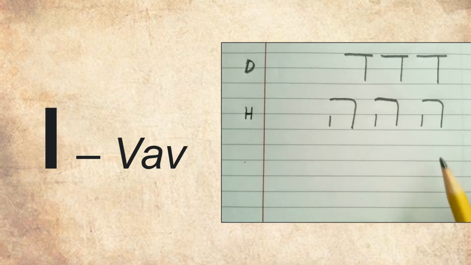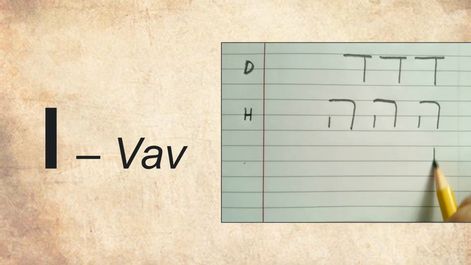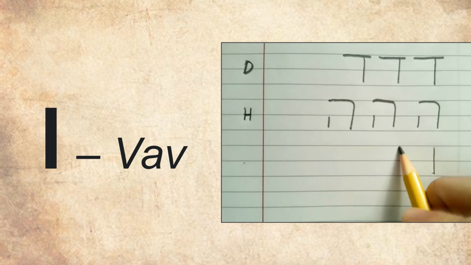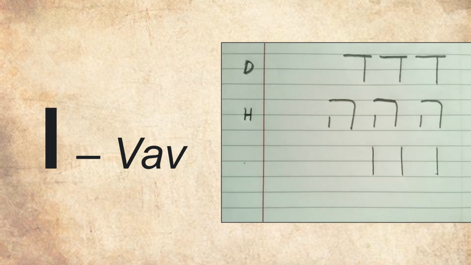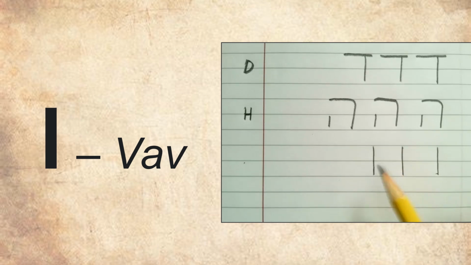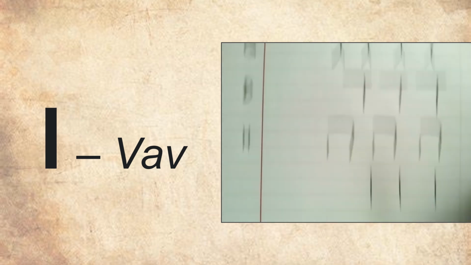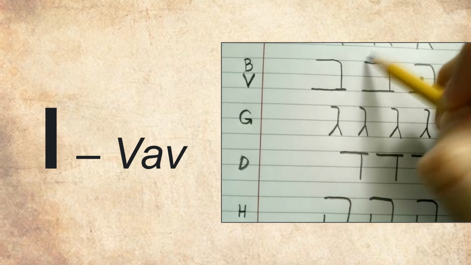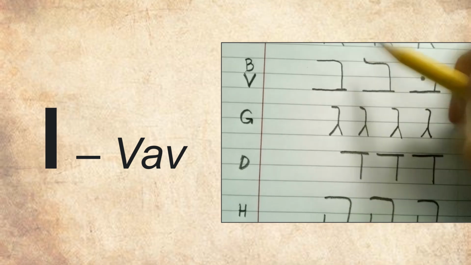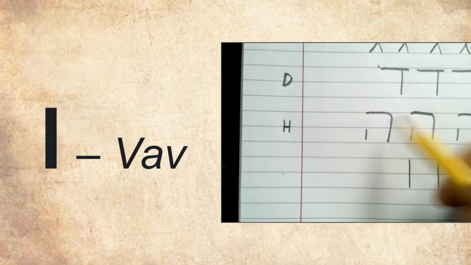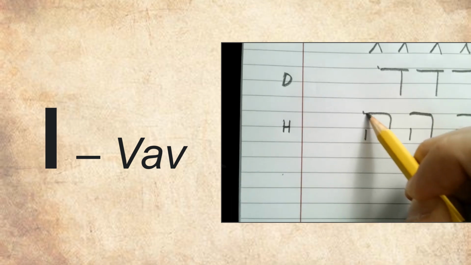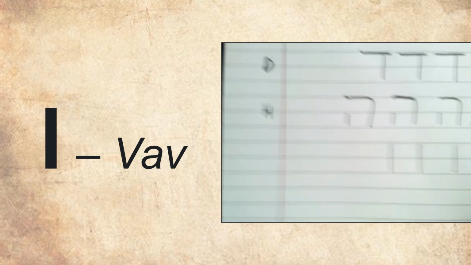And then we have the letter Vav, which is very easy. It's just a line from top to bottom. Now, I will make mention that in calligraphy, you'll notice that on top of each letter, there's a sort of little hair comb, a little point sticking up.